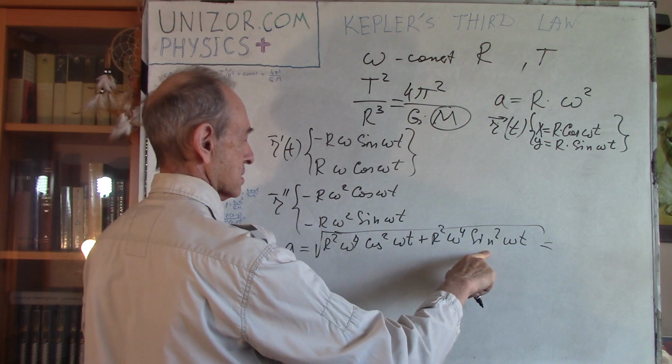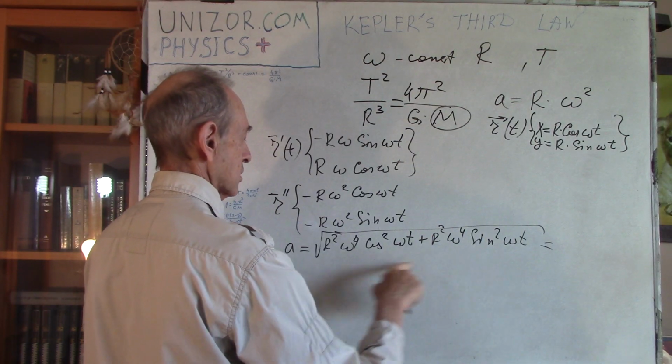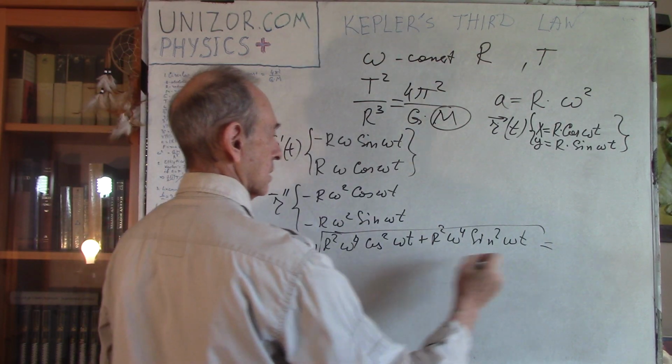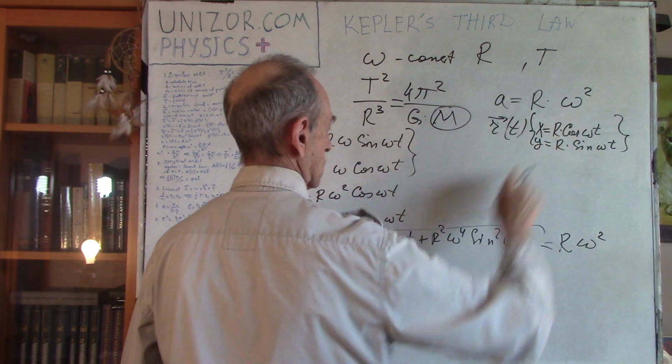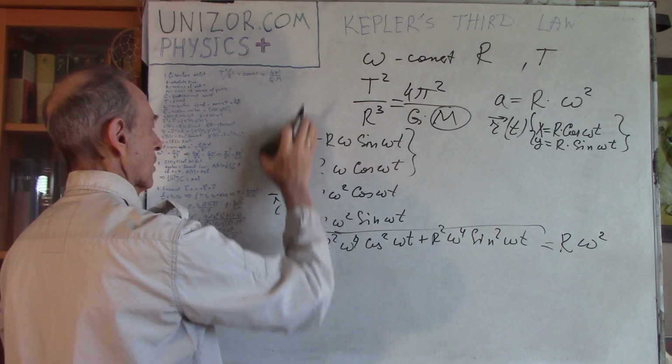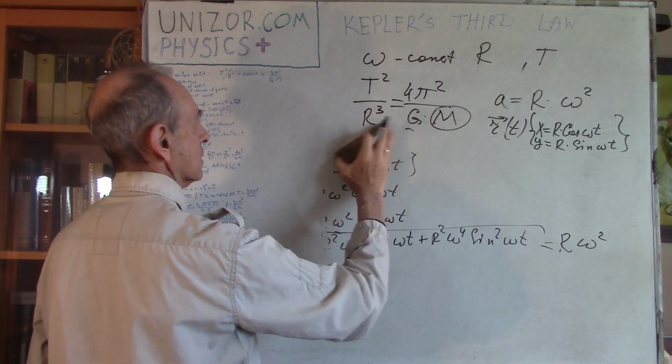Cosine squared plus sine squared is 1, so we have the square root of r squared omega to the fourth, so it's r omega squared, which is what I wrote. Okay, so this is a very quick derivation. Let's forget about this. It's simple.